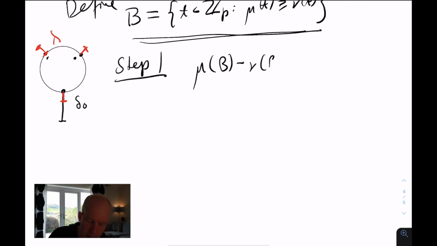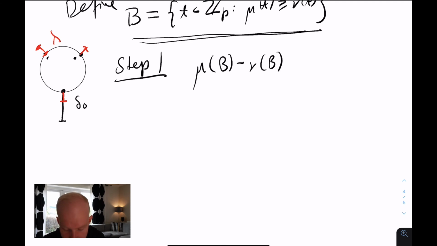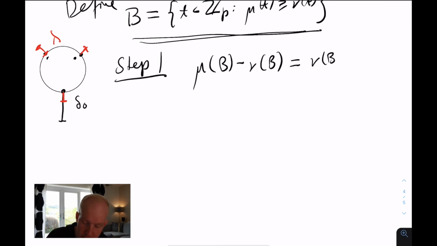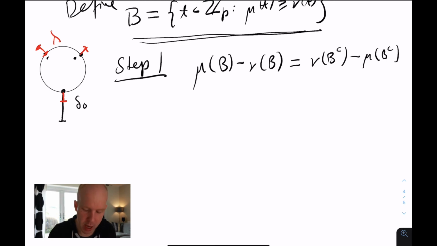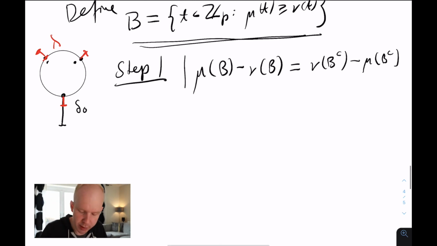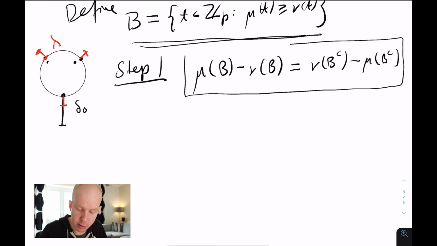So if you take this distance between these 2 measures, mu B and nu B, then this is equal to nu B and its complement. So you change the order here, you take its complement, and then mu B and its complement. So here, what we have is this complement in this set, and we have this symmetricity going on.